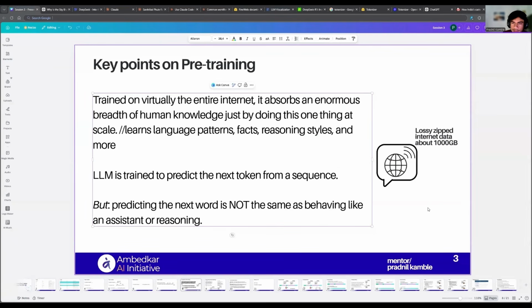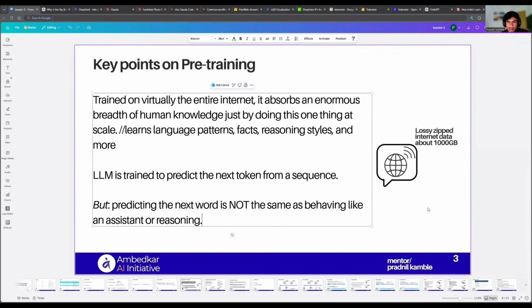But if you make a model just to predict the next word, which is what we are really doing, teaching the LLM, which is just a token tumbler, that here are the tokens, predict the next token, the model definitely learns a lot. It has learned about the internet, the language patterns we have, and some facts.